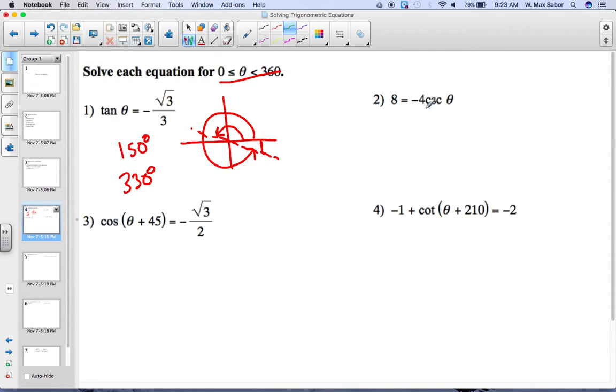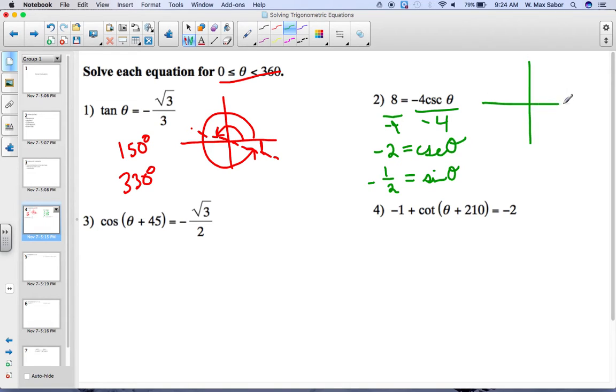For number 2, we should divide by -4 first and get -2 equals cosecant of theta. Now, it's easier to realize using the reciprocal identity that this is sine of theta equals -1/2. So on our unit circle, where are the places where sine is -1/2?